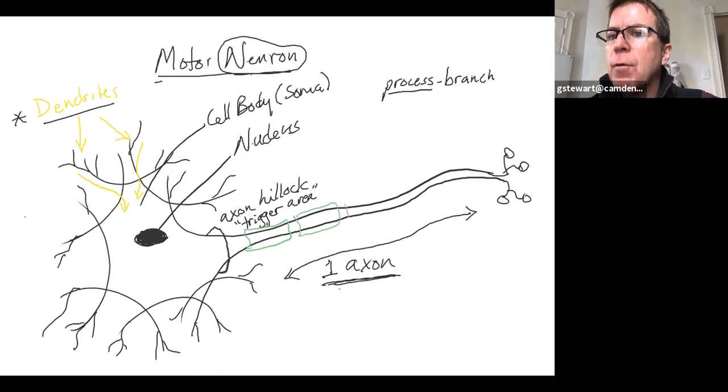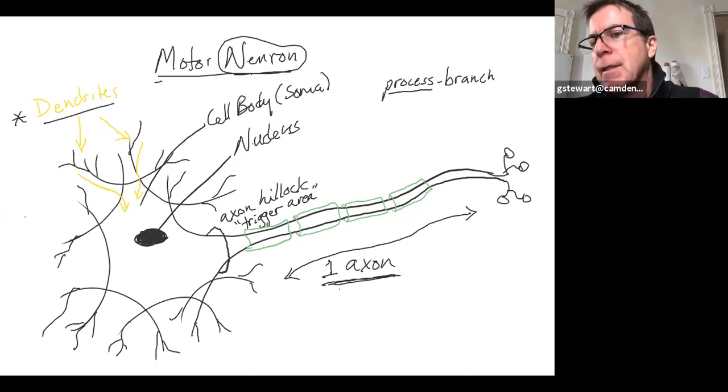So I'm creating what most books call the myelin sheath, because it encircles the axon. If this were a peripheral nerve, that would be Schwann cells wrapped around this axon. If we were in the brain, it would be from oligodendrocytes.